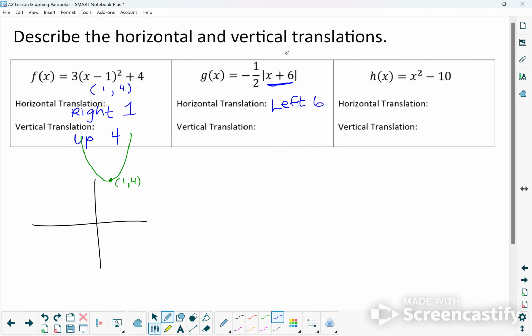Sometimes it helps people if they write down the vertex. So we've gone from the origin back 6. And this one does not have a vertical translation. Again, if we had a super rough graph of this, the vertex would be over here at (-6, 0), and it happens to go downward.